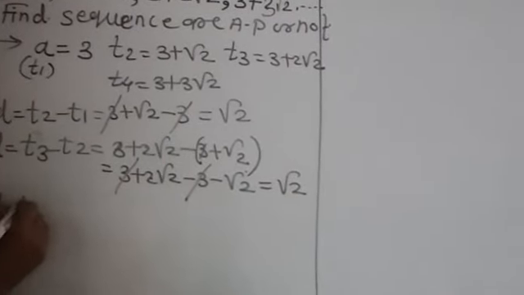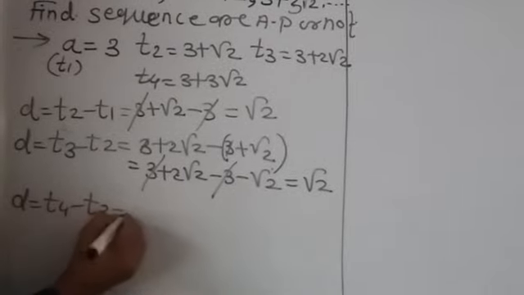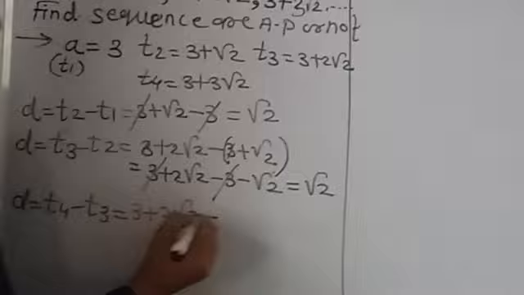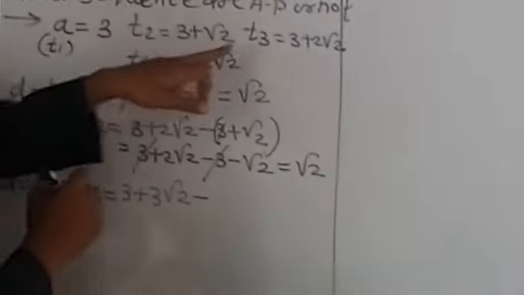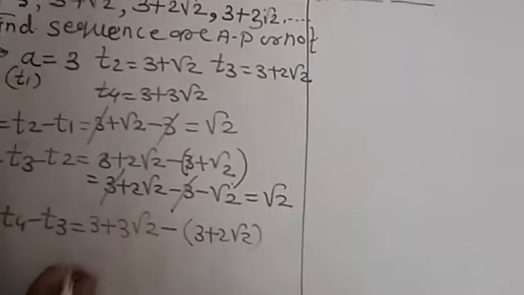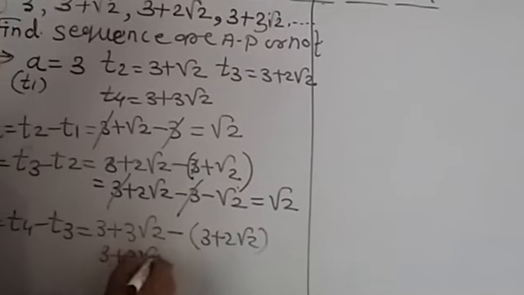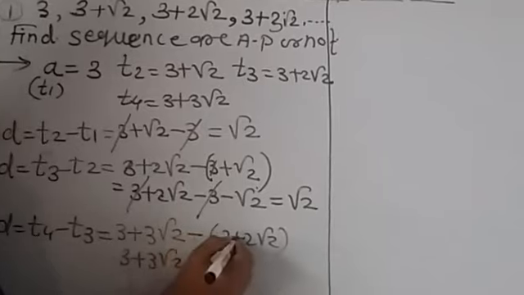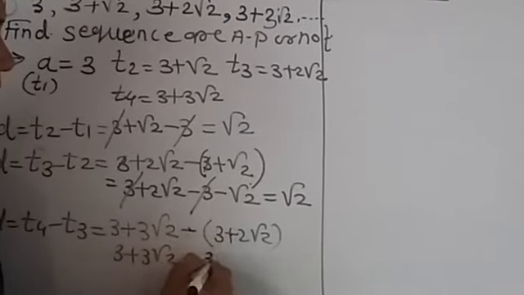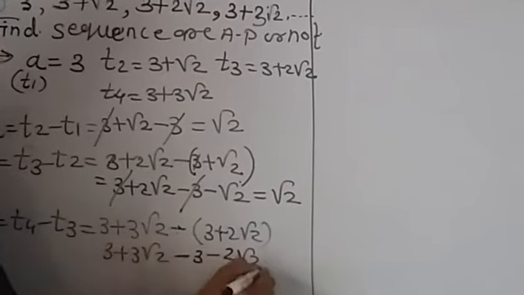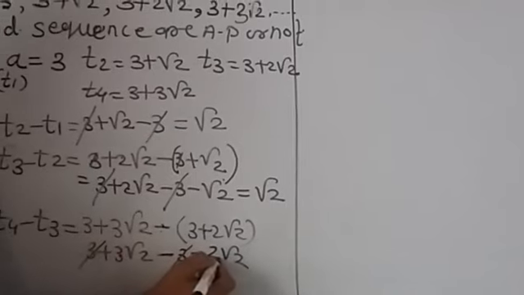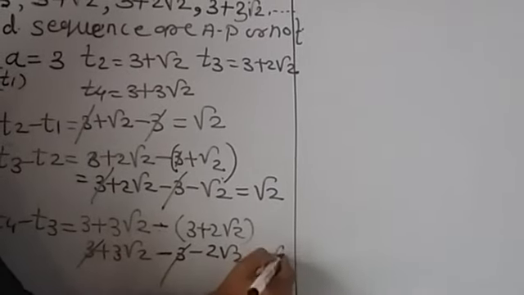Next is d is equal to T4 minus T3. T4 is 3 plus 3 root 2 minus T3, which is 3 plus 2 root 2. So 3 plus 3 root 2 minus, here the sign will be changed because of the negative sign. So minus 3 minus 2 root 2. So plus 3 minus 3 cancel. 3 root 2 minus 2 root 2 means we get root 2.